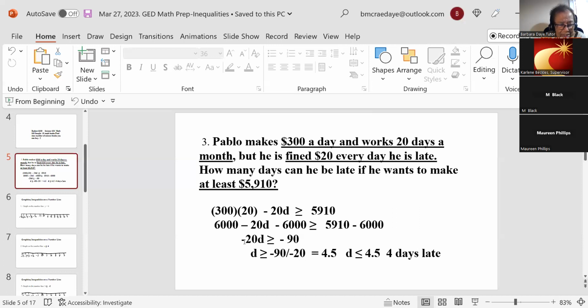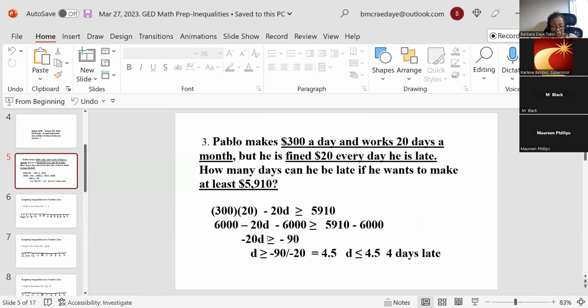Minus 20D means minus 20 times D. So then divide, not subtract. You use subtract when you're adding, and you use adding when you're subtracting. In multiplication, you use division, or if you're dividing, you use multiplication. That's how you pair them.